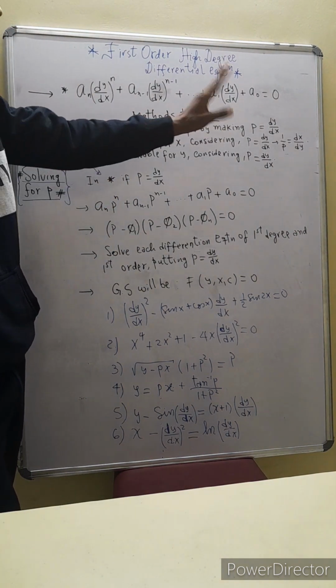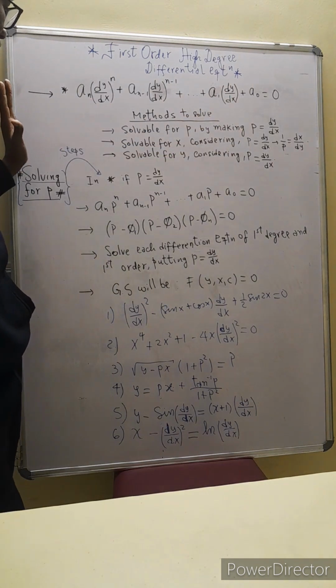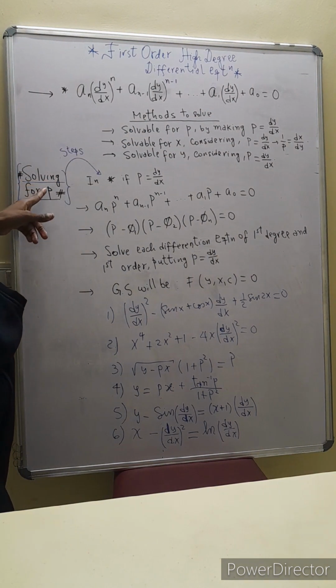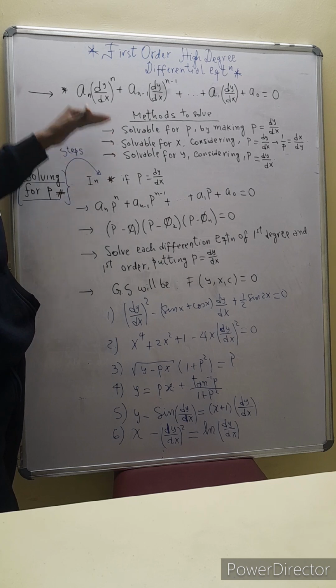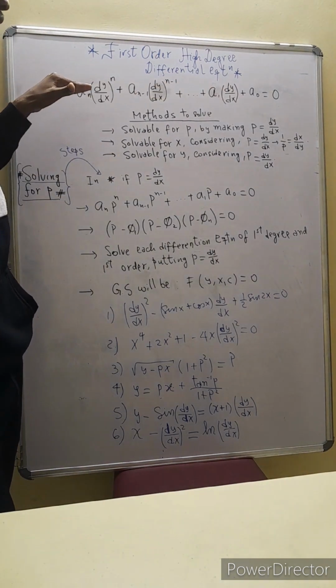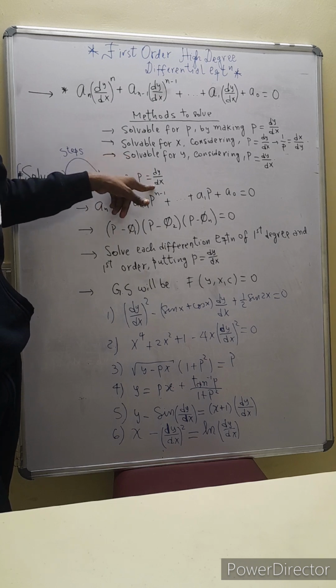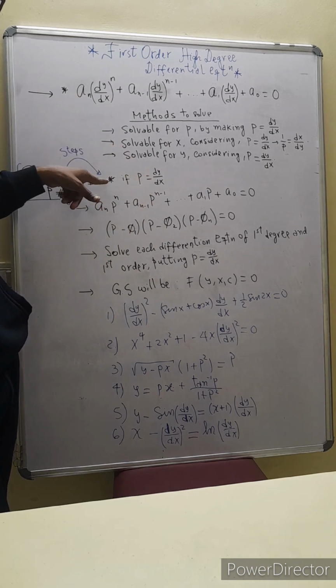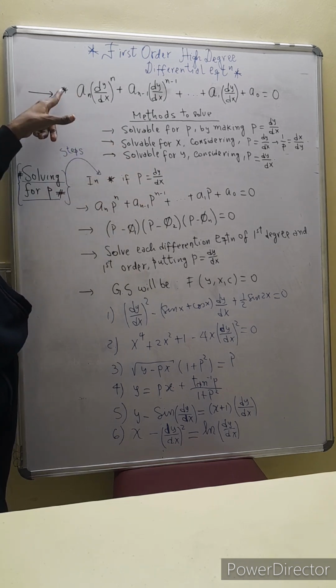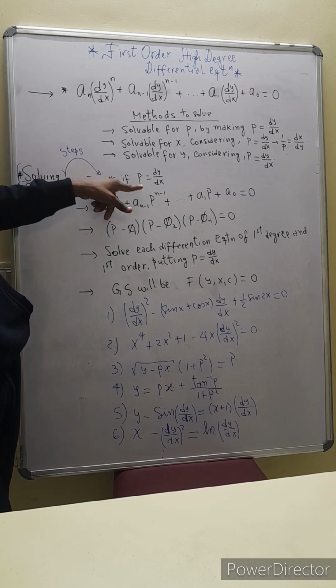So, solvable for p. The first thing we have to do, if we are solving for p, is to make this equation in terms of p. And who is p? p is dy by dx. So just substitute in this equation star, p equal to dy by dx. Where I find dy by dx, put p.